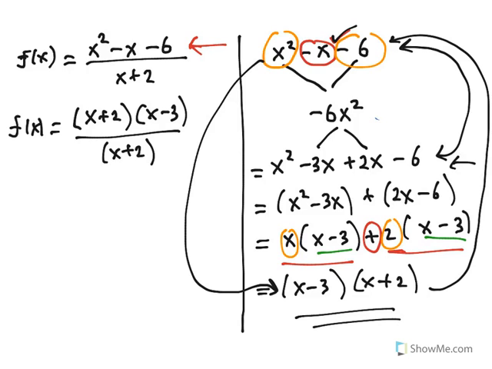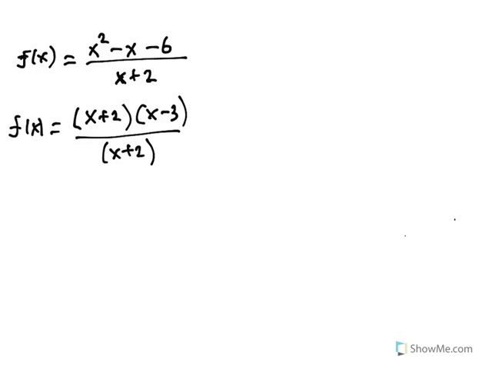So having done the factoring, I'm going to go ahead and erase the work for factoring. Again, I got x plus 2 times x minus 3 as I wrote here. Now we see a common factor of x plus 2 that's in the numerator and the denominator, so we can cancel the common factor of x plus 2 and simplify our function to be just x minus 3, with the note that x cannot be equal to negative 2.